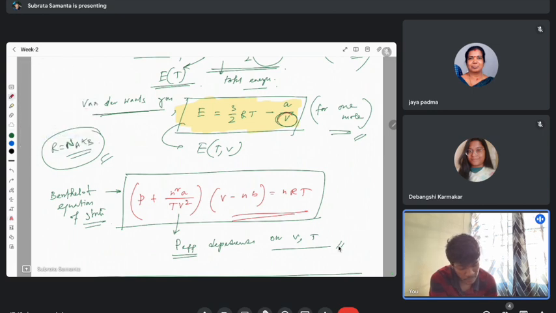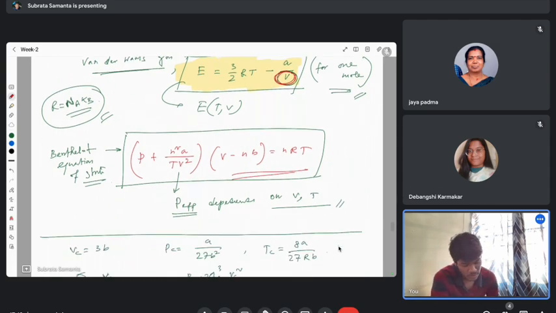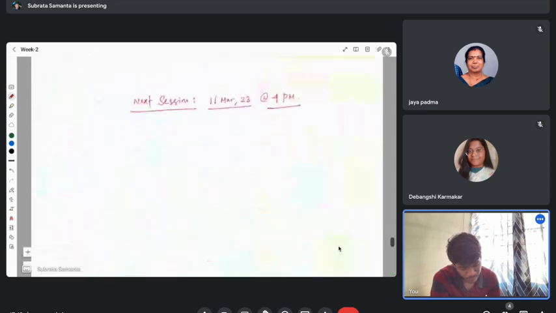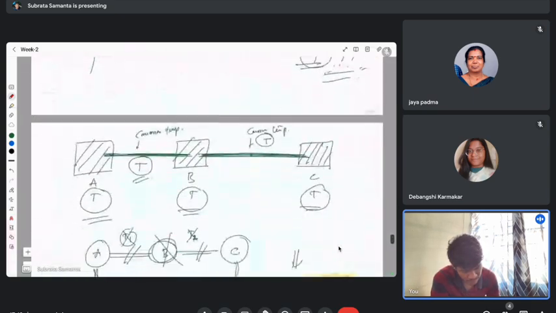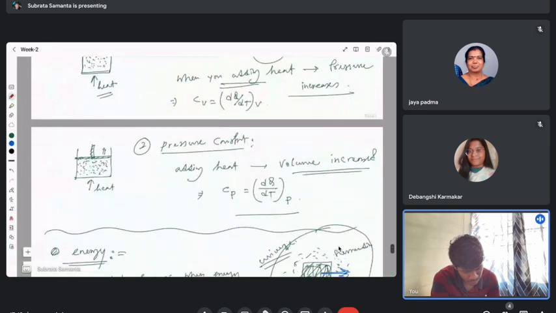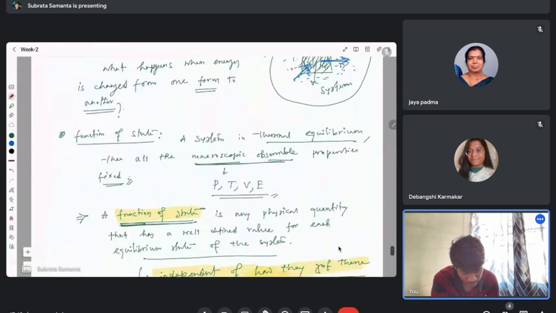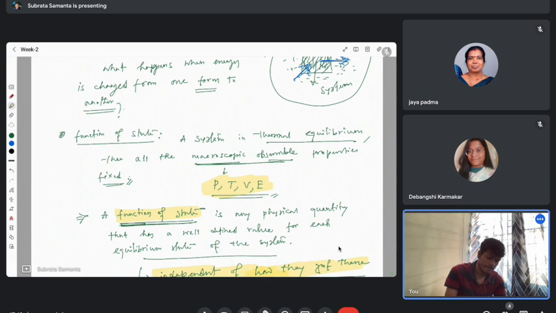So it also depends on the volume. When we are dealing with the real gas, we see that the energy depends not only on the temperature, but also on the volume. So in principle, we talked about the macroscopic observables P, T, V, E, right? These are the 4 macroscopic observables, and they have defined or fixed values at each thermal equilibrium state.